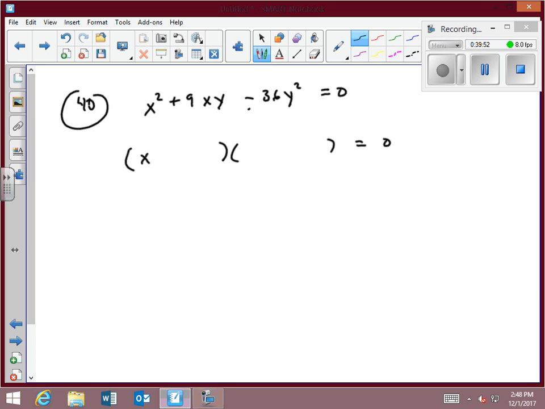This is going to be an x and an x. What are my signs? Plus and minus. Now, this has got to be a y and a y, right, to get y squared. Well, what two numbers times itself is 36, whose difference is 9? What is it? 12 and 3. Now, which has got to be where?